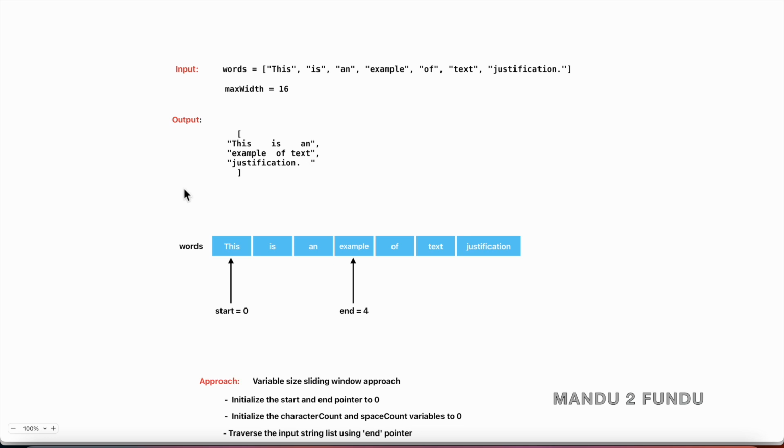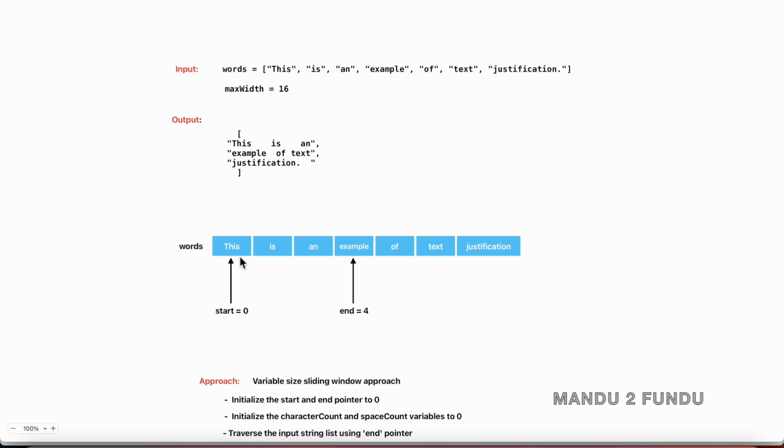So basically we can solve this problem using a variable size sliding window approach. So we need to maintain 2 pointers, start and end pointer, and using the end pointer we iterate over the input array, and in each iteration we have to check whether we can include the current word pointed to by the end pointer.